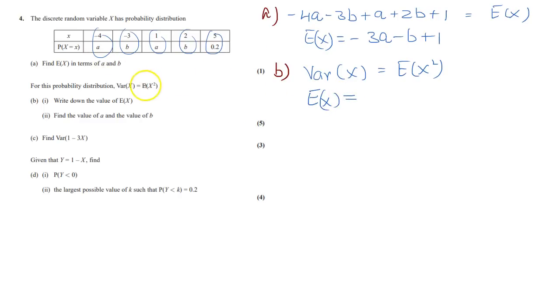We know that the probabilities sum to 1, so A plus B plus A plus B plus 0.2 is equal to 1. So that is 2A plus 2B plus 0.2 is equal to 1.